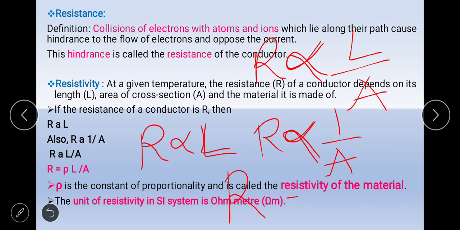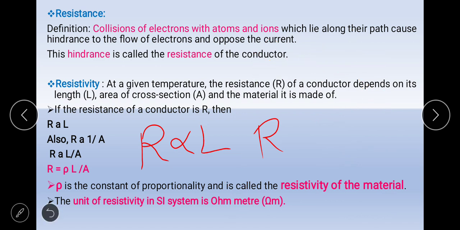So we can write R is equal to rho into L by A. I have removed the proportionality sign and put rho, the constant of proportionality. That constant of proportionality is called resistivity.